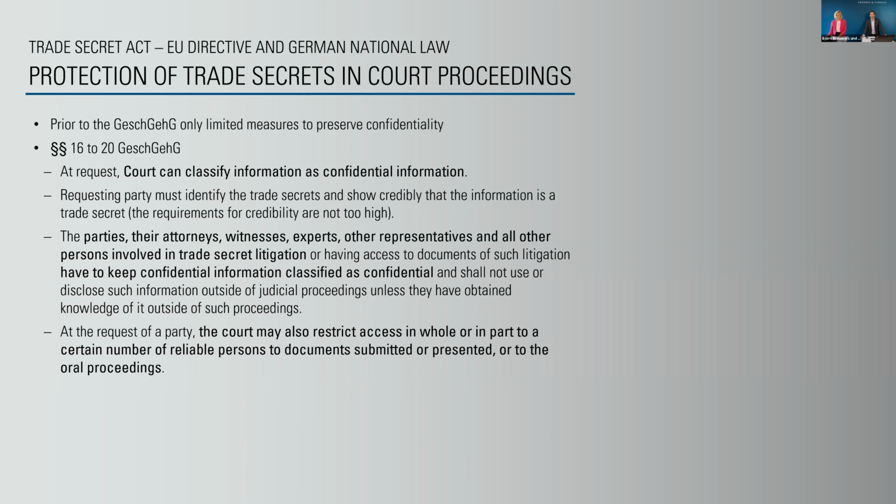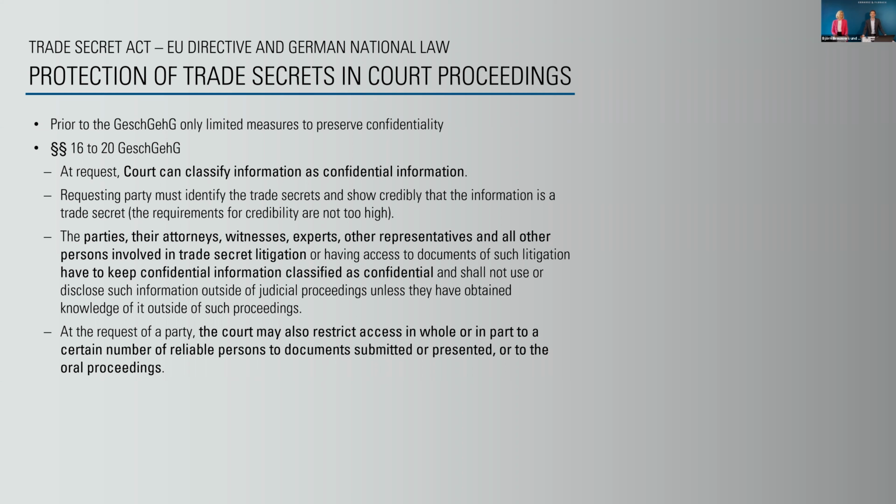The problem was always that in case you litigate based on confidential information, you have to basically disclose certain confidential information in these proceedings, so that the court can be sure that it is confidential information that's infringed, and the other party can make their defense against this accusation.